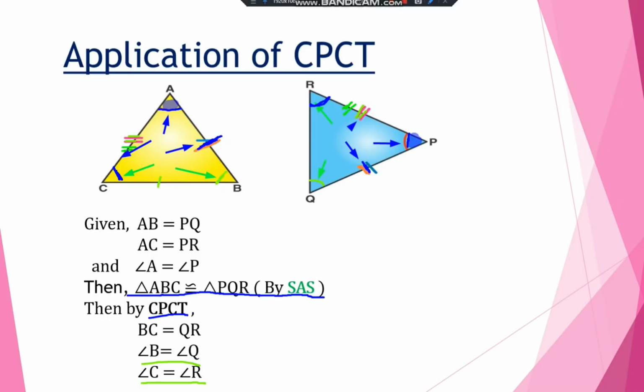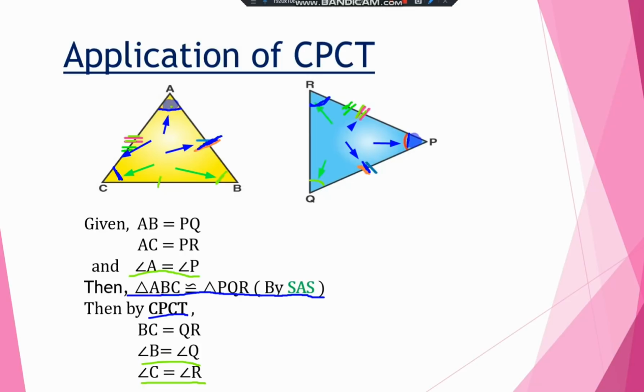So understand this, it is already given angle A equal to angle P. So angle A is here and angle P is here. I am going to highlight this so that you understand this.